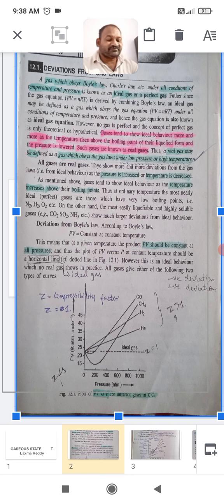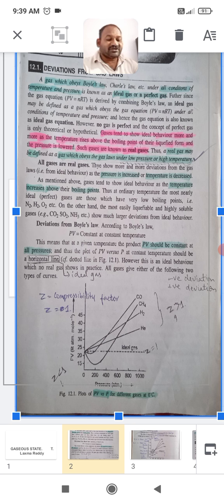That means they do not obey the ideal gas equation. Below the dotted line, these two show negative deviation, and hydrogen and helium are above the horizontal line, so that Z is greater than 1.